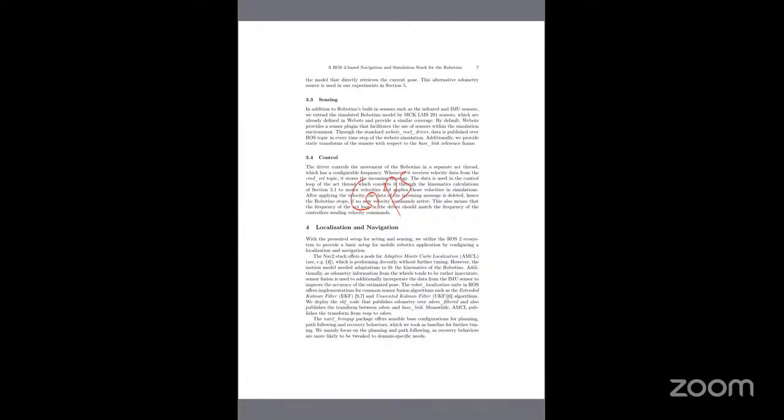Localization and navigation. Now the robot is ready. Sensors, driver, odometry. Next stage will be robot will identify its path and move automatically. For that, ROS2 ecosystem they have used, existing packages they have used. They didn't write any new softwares. They used ROS2 Nav2 stack.